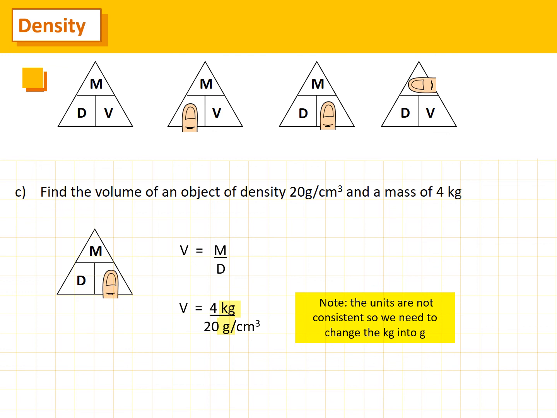We have kilograms for mass and grams per cubic centimetre for our density. Consequently, we need to change these kilograms into grams to make the units consistent, and 4 kilograms is 4,000 grams. Now we can carry out the division, and that's 200 cubic centimetres.